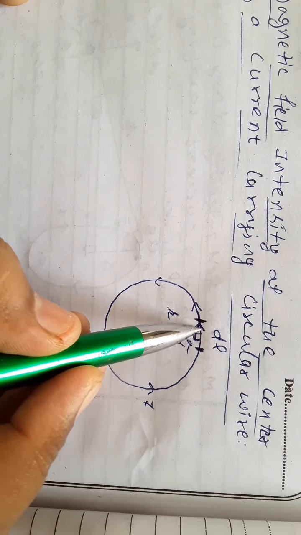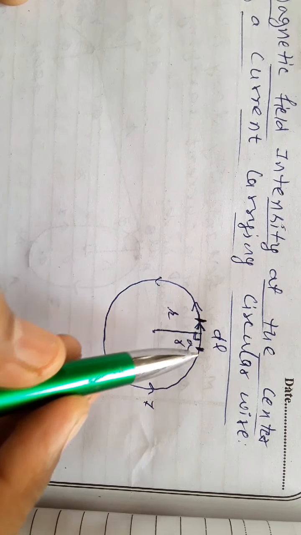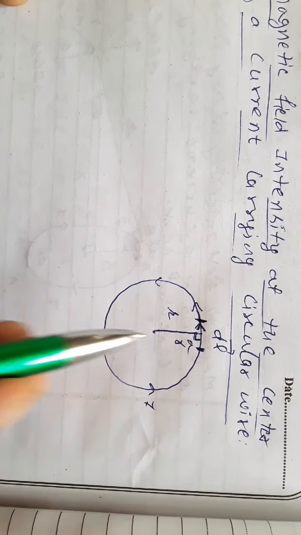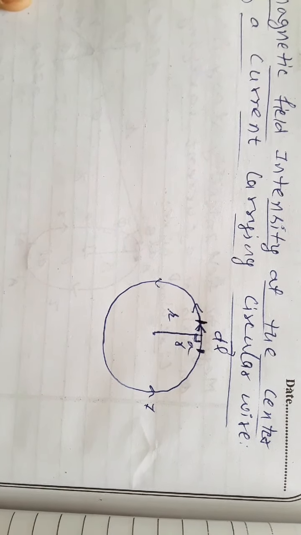This small length element dl makes an angle of 90 degrees with the position vector r cap.